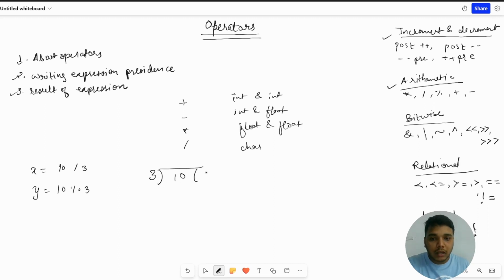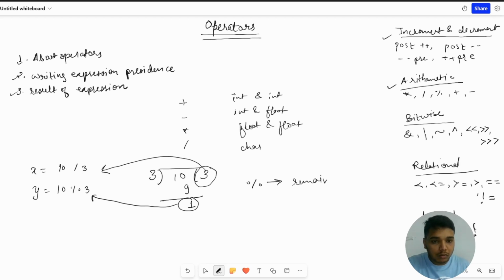If we divide that, here it comes 3 and 9 and the remainder is 1. So this quotient is this and this remainder is this. So the modulus operator gives the remainder and the division operator gives the quotient.